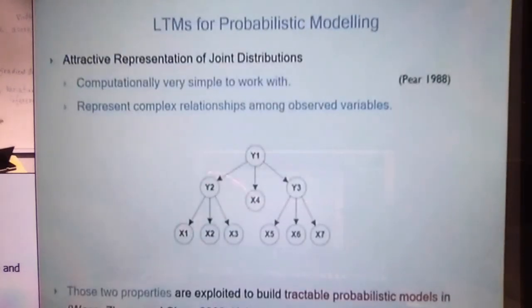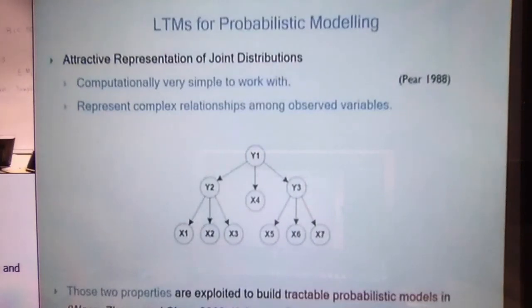Looking at this latent tree model, it has two very attractive properties, as mentioned by Pearl. This kind of model is very simple to work with because it has a tree structure. At the same time, it can represent very complex relationships among the observed variables, even without a latent variable in between.